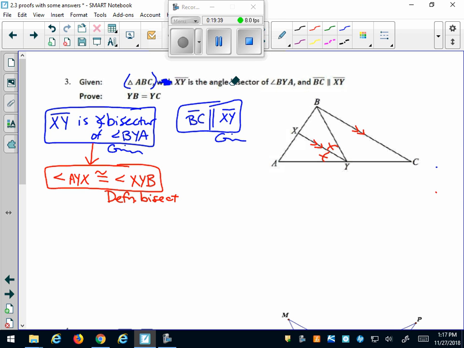Okay. Now, BC is parallel to XY. Like I said, we're looking for some angle relationships. Let me color code these.